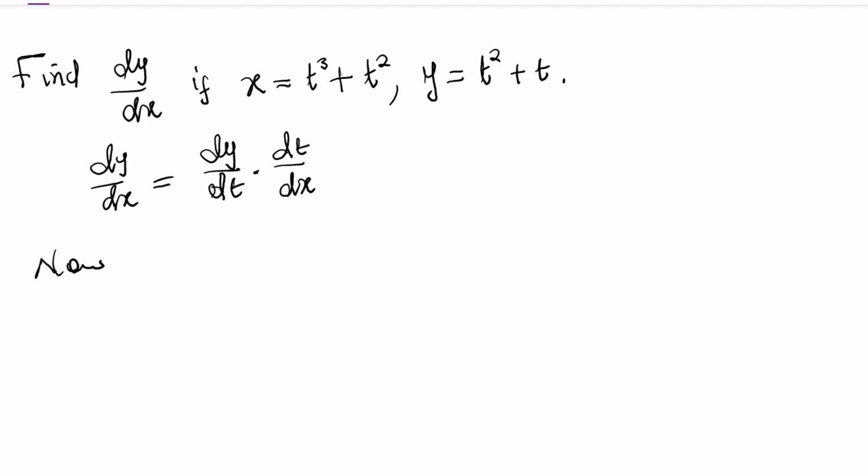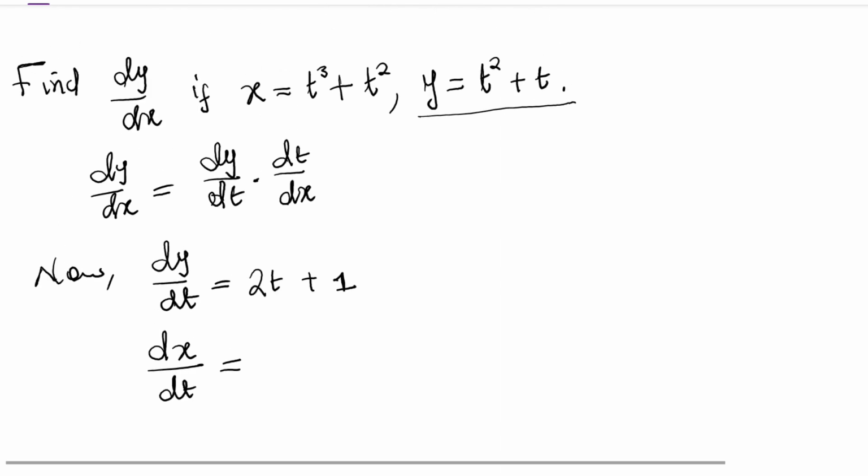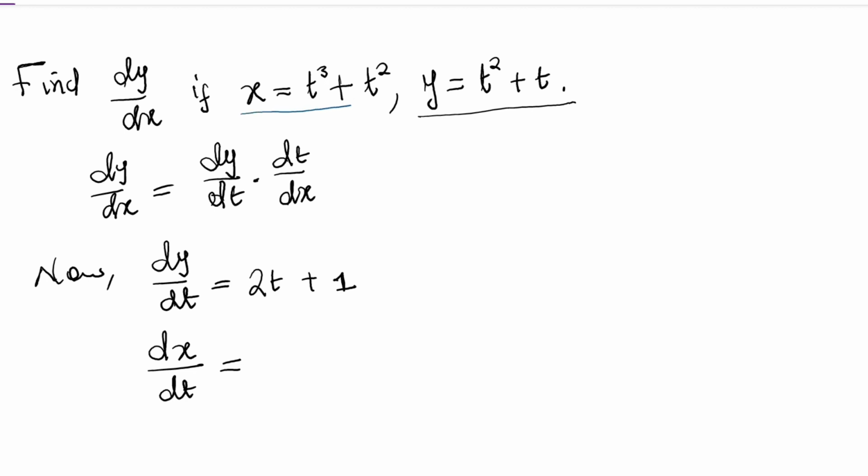Now, dy with respect to t: we are going to take the derivative of y with respect to t, which is 2t plus 1. Now, we are going to take the derivative of x with respect to t, which is 3t squared plus 2t.